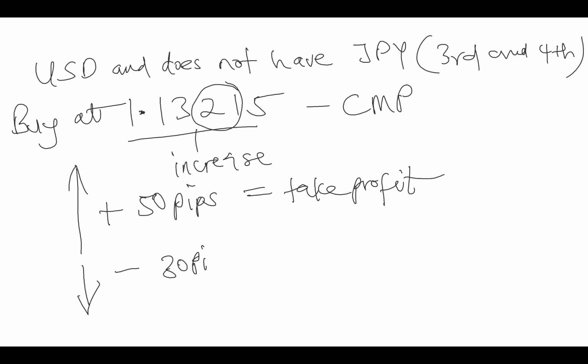from this same current market price. And if I minus 30 from 1.13215, what's the answer going to be? What's going to be my stop loss? What do you think my stop loss will be?